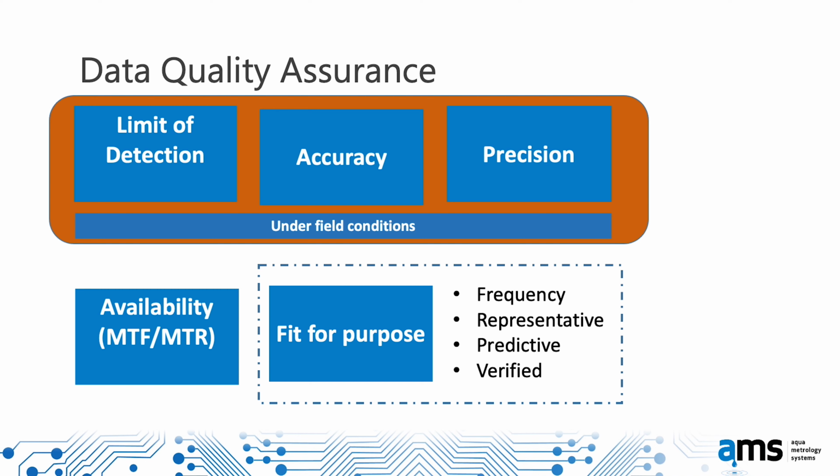And finally, verified. Is the analyzer equipped to identify false positives and false negatives? In other words, does the analyzer self-calibrate and self-validate? Because if it doesn't, you're going to need someone to do that, someone who's probably trained. So then you might as well use a lab for your analysis and not an online instrument.